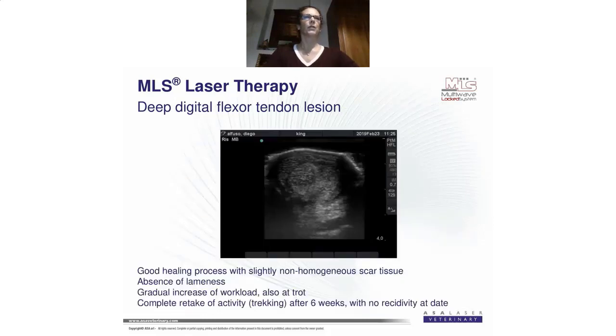And there was a good healing process with slightly non-homogeneous scar tissue here, but absence of lameness and gradual increase of workload, also trot, and complete resumption of activity after 6 weeks. No recidivity to date.